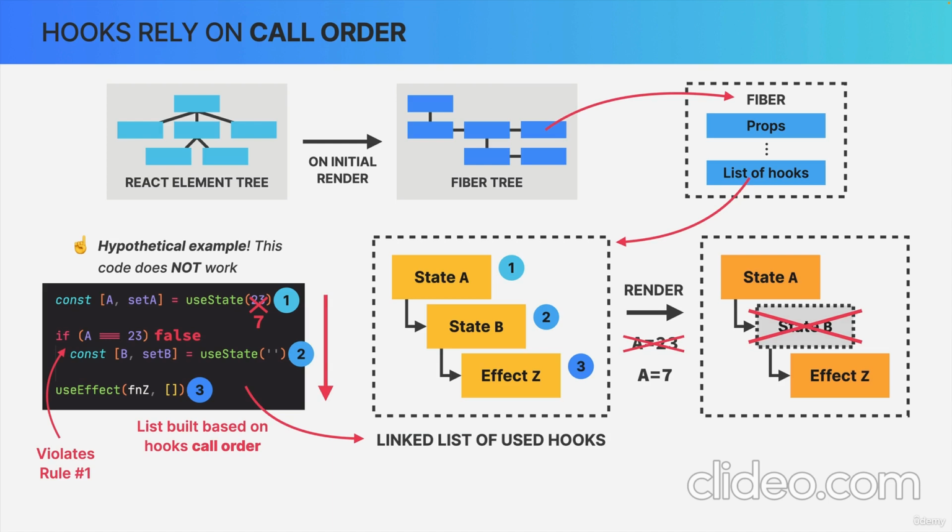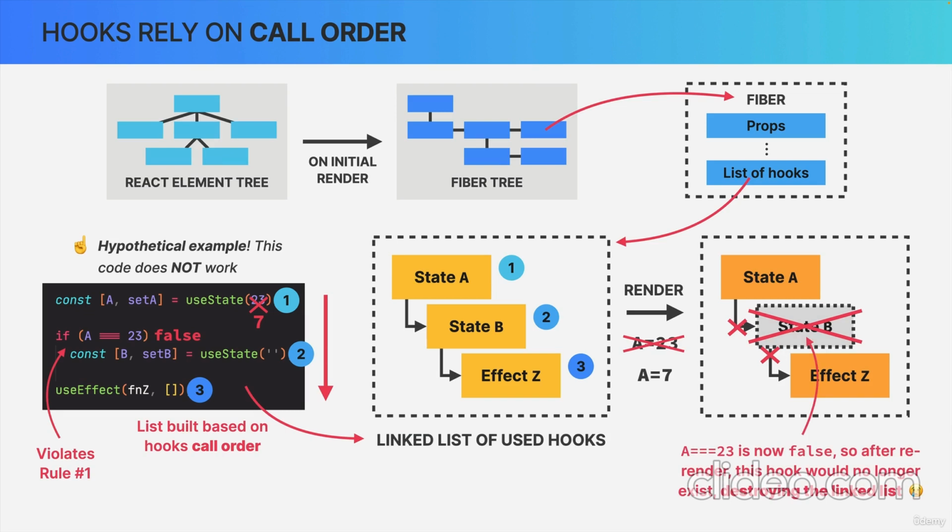But what's the problem with that, you might ask? Well, the problem is that the first hook is still pointing to the original second hook, so to state B, but that link is now broken. So state A is now linking to a hook that no longer exists, and nothing is pointing to the effect hook Z, meaning that the linked list has been destroyed.